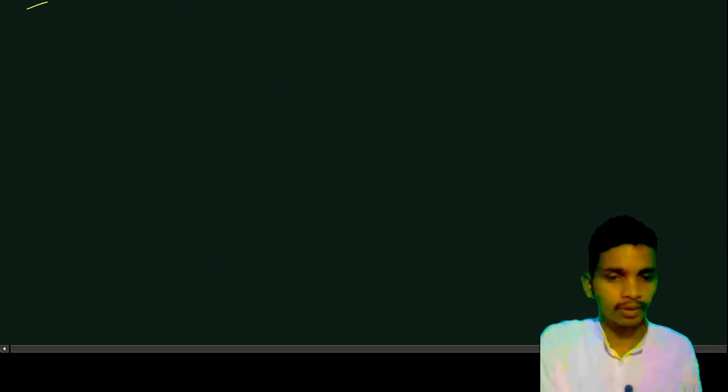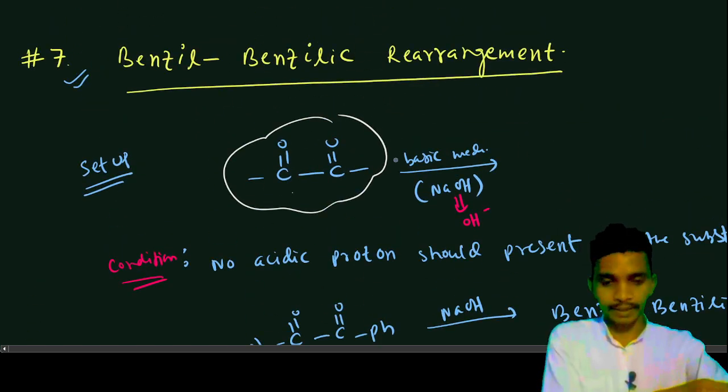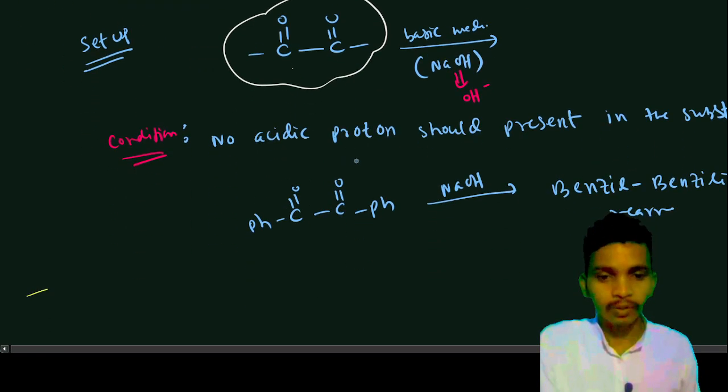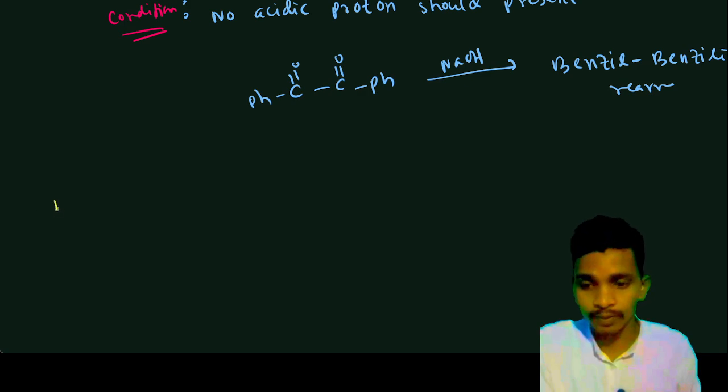If this is so, then it is going to give a benzilic rearrangement. Now we will look at the mechanism. After that we will go to the shortcut for how we will solve this question. So how will the mechanism proceed?